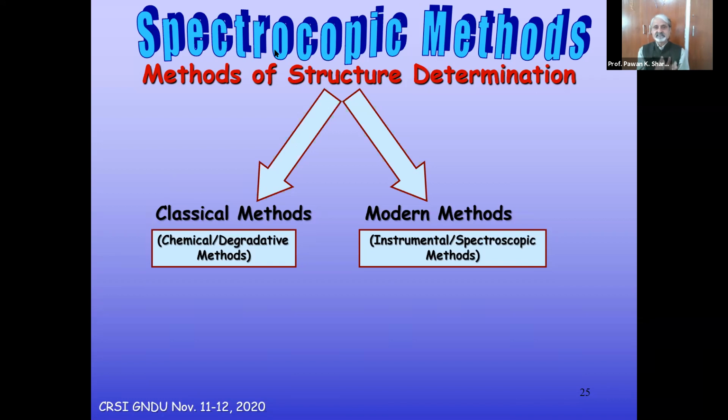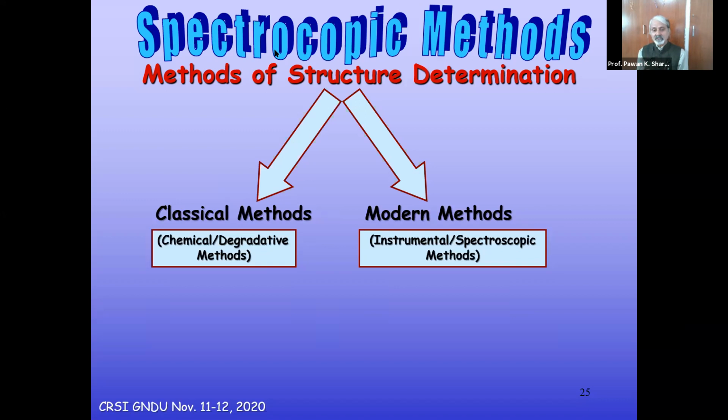And if the synthesized compound matches the compound that we isolated, which was unknown, in all characteristics, all properties, then we'll say that we have the right structure. If not, then sometimes the great chemists of the last century struggled for 40, 50, 60 years for the structure of compounds.